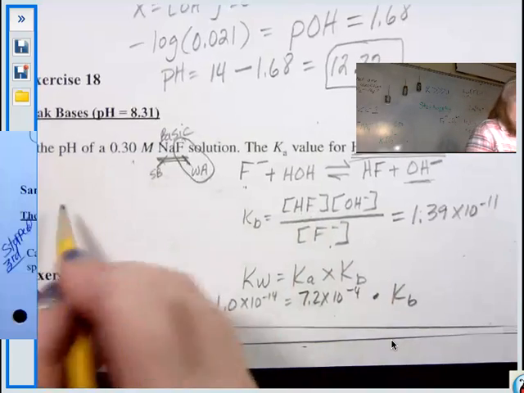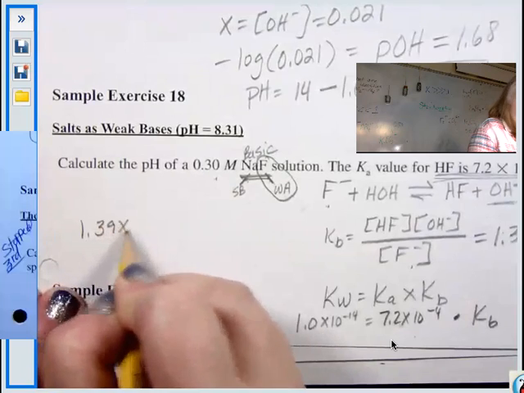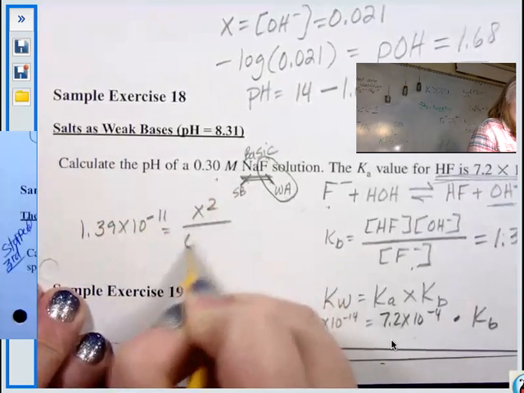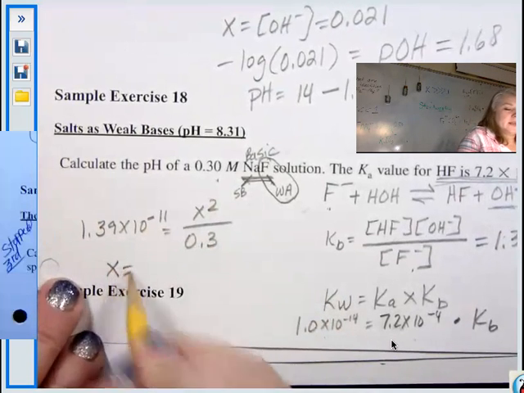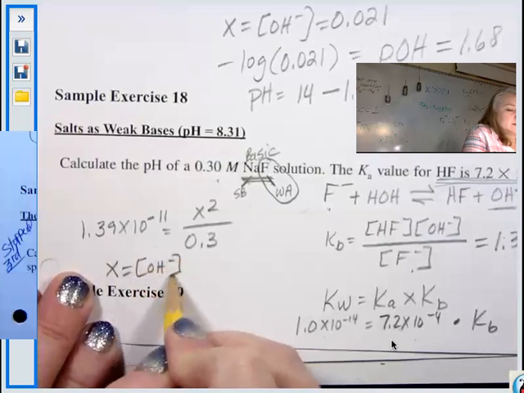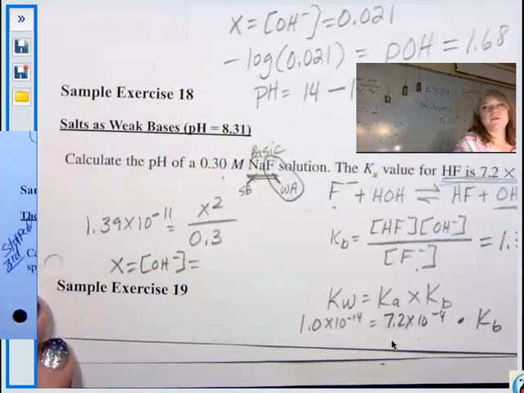So I'm going to set up my problem: 1.39 times 10 to the negative 11 is equal to X squared over 0.3. And when I solve for X, that is equal to hydroxide. When you take the negative log, you'll have to subtract from 14. But let's go ahead and finish this one out.